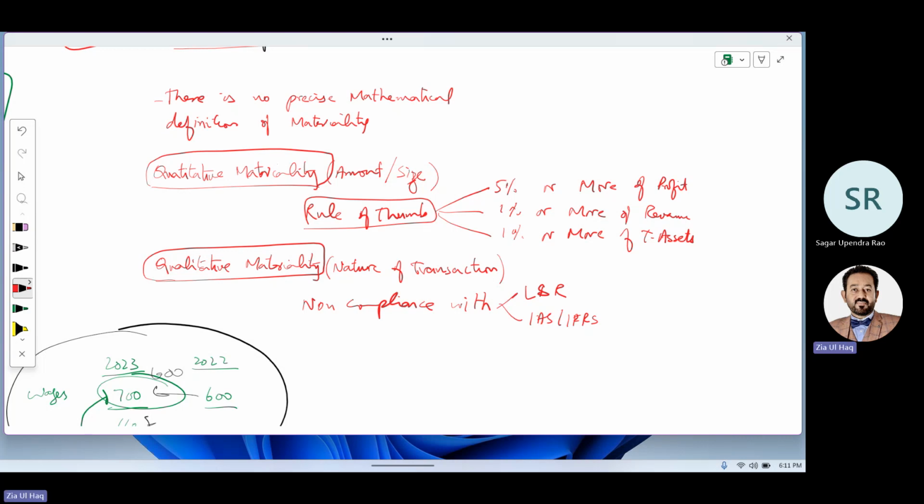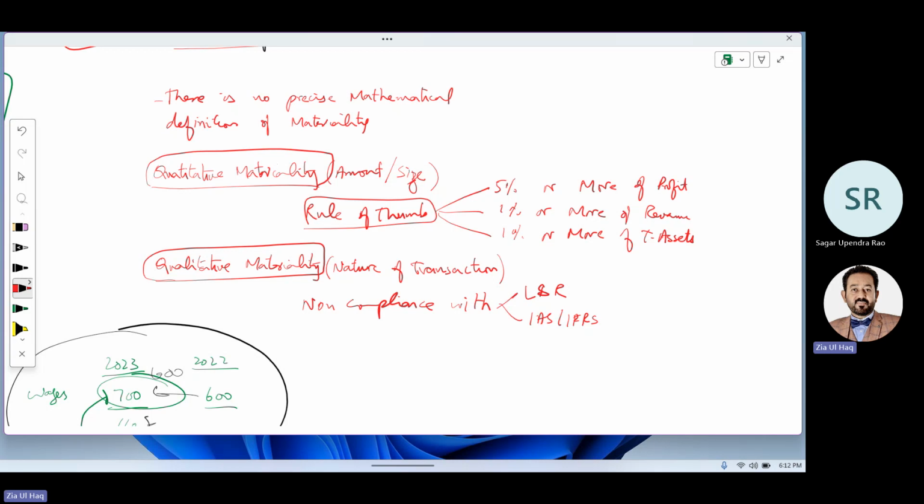Like IAS 1 says, director transactions should be disclosed in the financial statements. If directors have performed any transaction with the company, there should be a disclosure, whatever the amount is. Suppose a director has performed a $1,000 transaction with the company and they didn't disclose it in the financial statements.